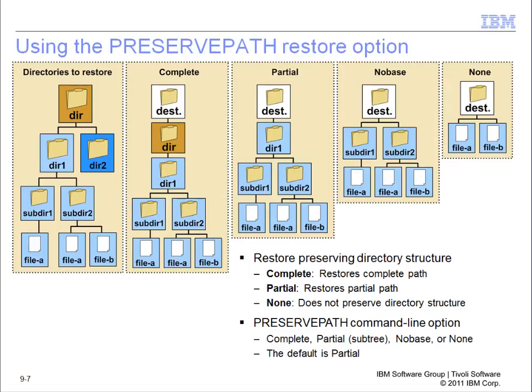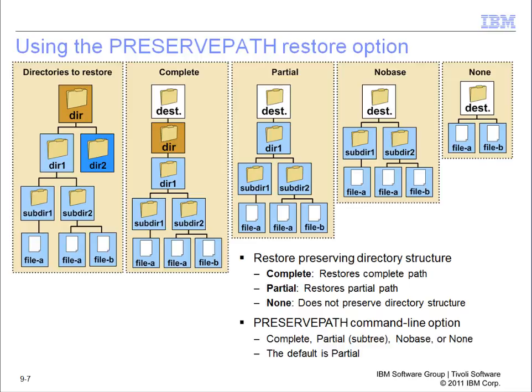You can use the preserve path option to restore some or part of your directory structure. By default, it's partial. You're going to restore part or a subtree. This is going to be the lowest level source directory as a subdirectory of your target. You can also specify complete. This would be your entire path, starting from the root of the specified directory.